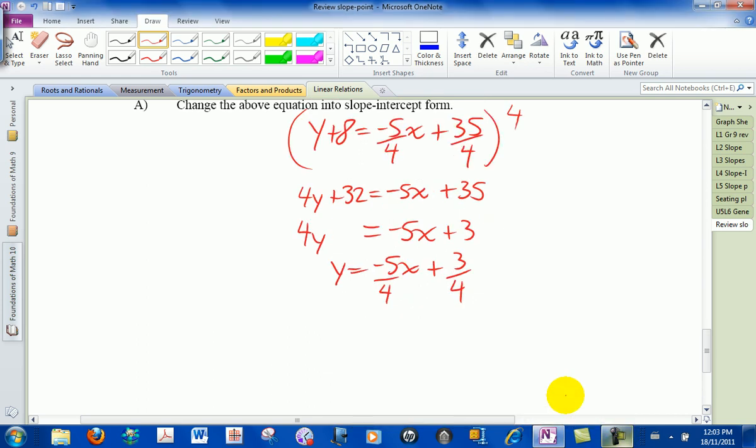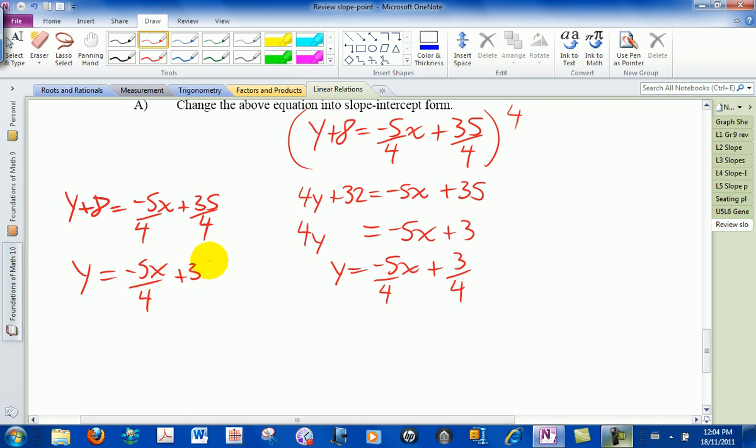So one thing to note, technically you could take this and deal with your fractions. You know what you could actually do is move 8 to the other side right away. But this is pretty hard to do.